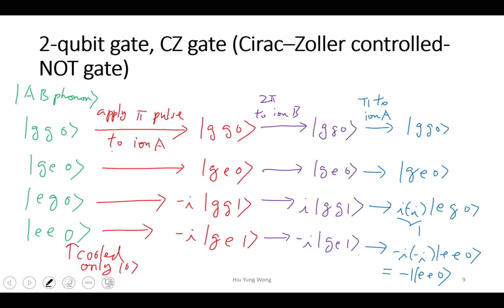We don't care about the photon. Now the photon is useless for us. GG becomes GG. GE becomes GE. EG is still EG, but EE becomes negative EE. And that is a control Z gate. So we have implemented the control Z gate, right?